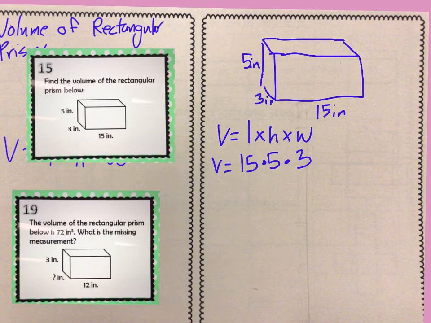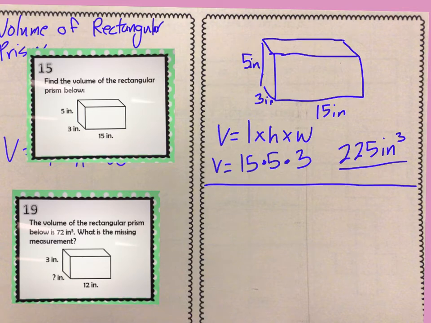So we are going to use our calculators here, and we're just going to type in 15 times 5 times 3. I get 225. So I get 225 inches cubed.